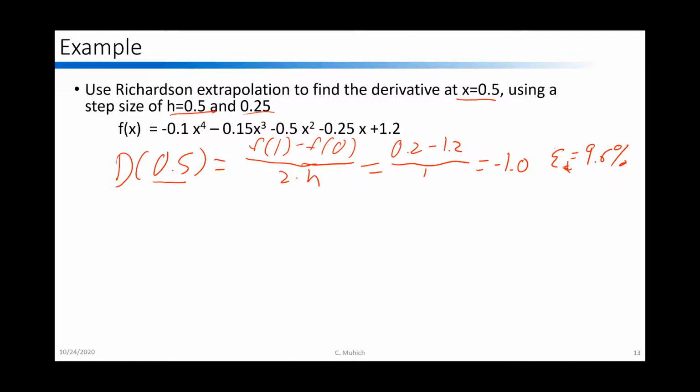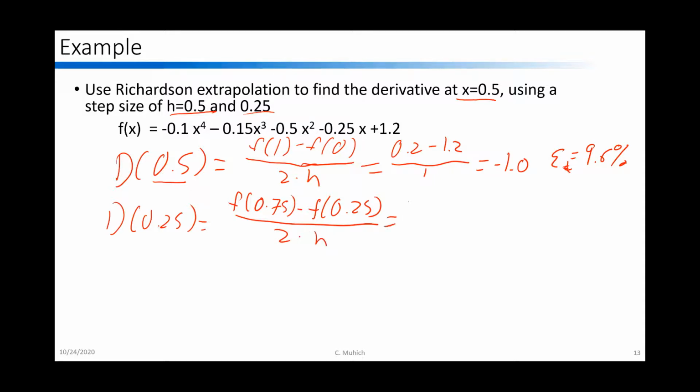And I can do this again for h equals 0.25. In this case, I take my f of 0.75 minus f of 0.25 over twice h.